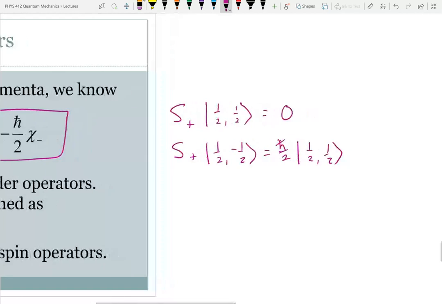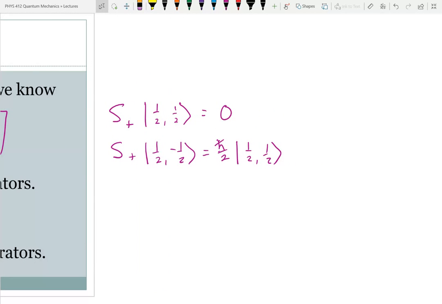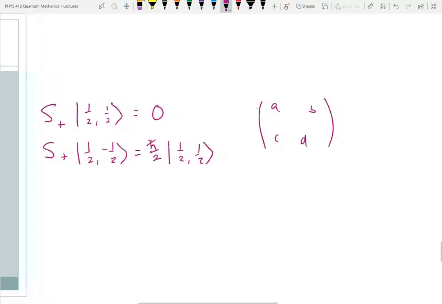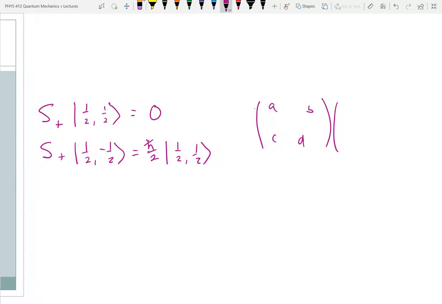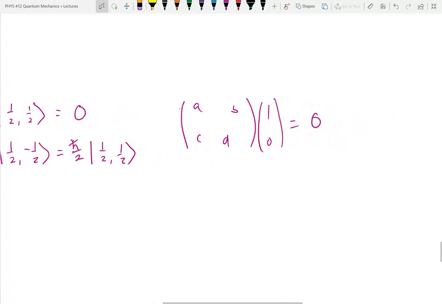And then what that means is one half, that's the one that was 1, 0. It gives me that relationship, which means A equals 0 and C equals 0.